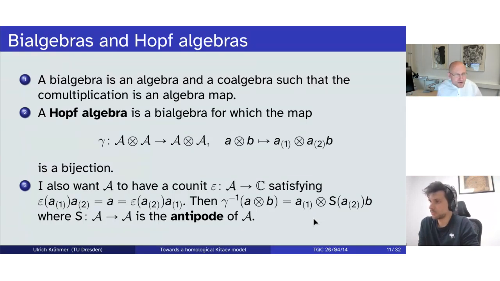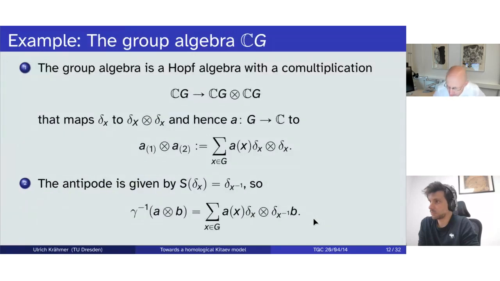Okay, so these are Hopf-algebras. Now we had this example of a group algebra, and the group algebra is such a Hopf-algebra that co-multiplication looks very banal. So in terms of the basis given by the delta functions, it simply maps each delta x to delta x tensor itself.